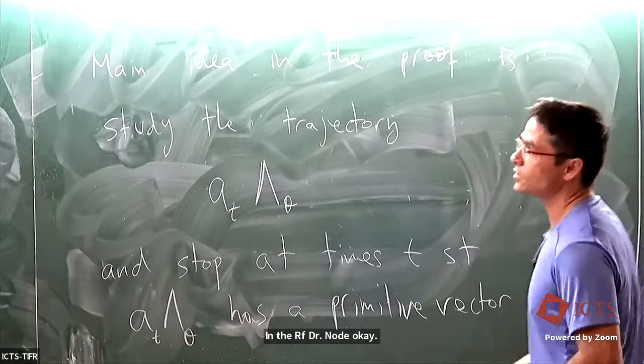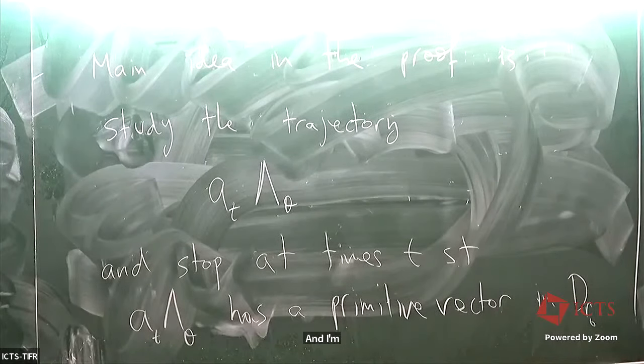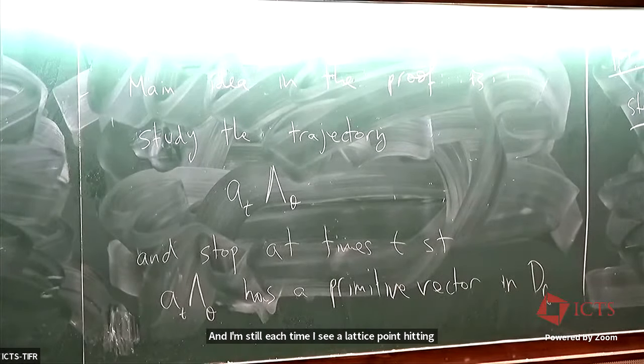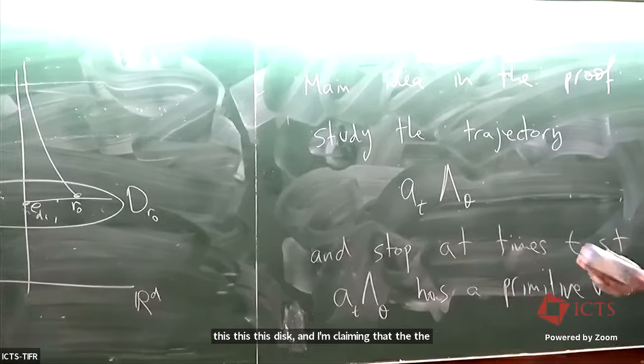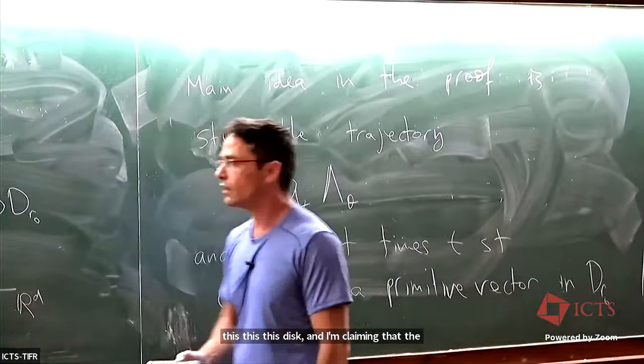So I'm flowing, letting the dynamics take its place, and I'm stopping each time I see a lattice point hitting this disk. So you see the correspondence between best approximations and the hitting times.